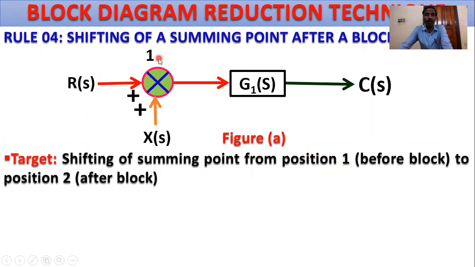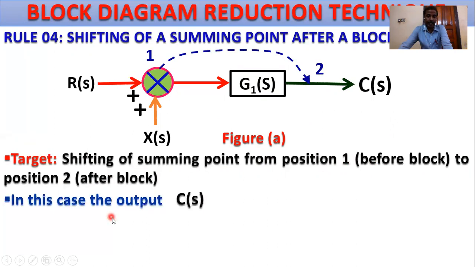This is position 1, before the G1(s) block, and our target is position 2, after the block. So shifting of the summing point from position 1 to position 2.